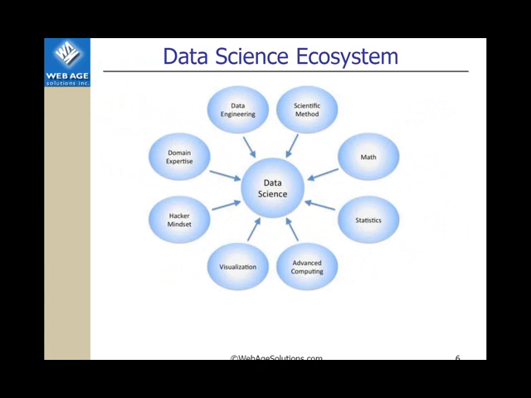Hackers should be somewhere in another jurisdiction, not here. But it's all about the scientific method. So those things are related, in essence. Scientists are hackers, pretty much. Domain expertise is what helps you to differentiate garbage from value in your data. Okay, so all that makes data science.